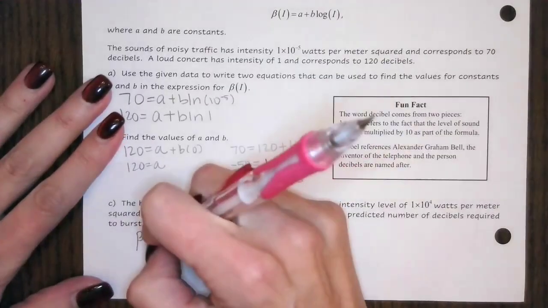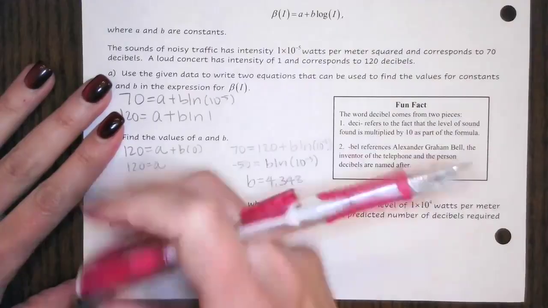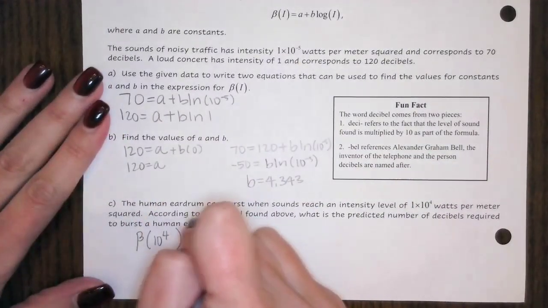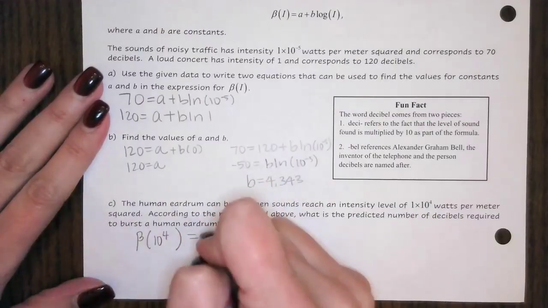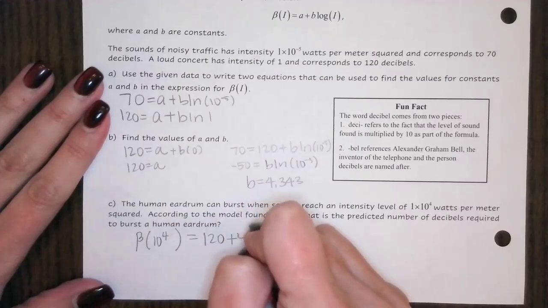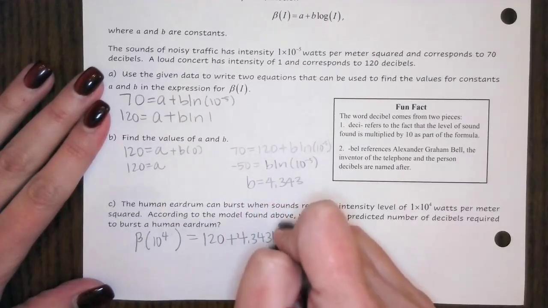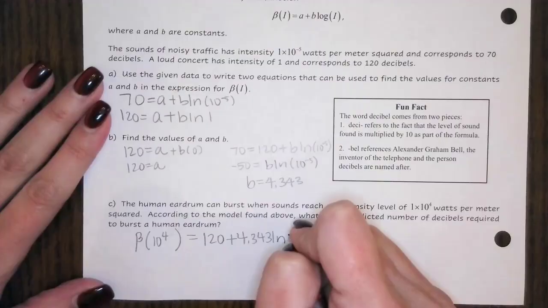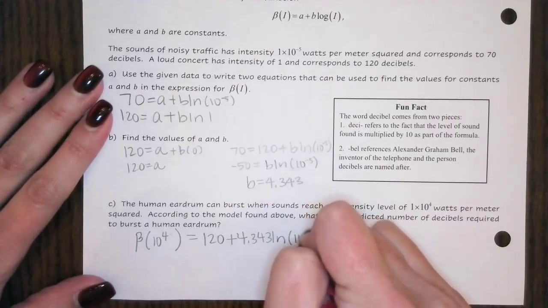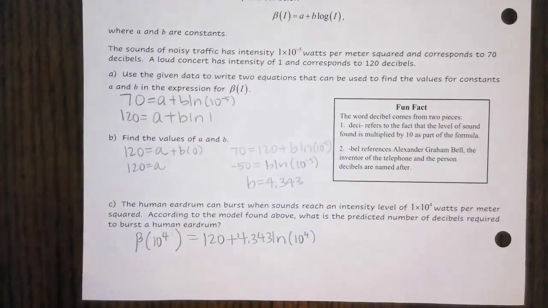And so we're going to plug that into our equation. So we found A was 120, and then B was 4.343 natural log of 10 to the 4th power.